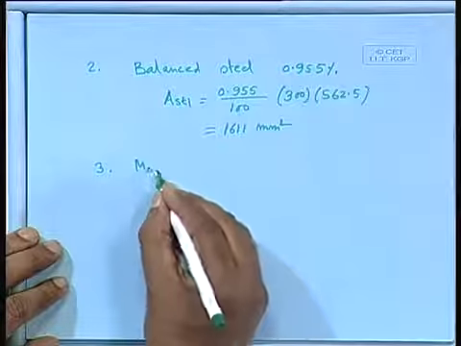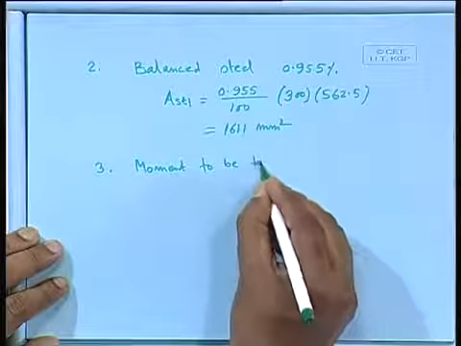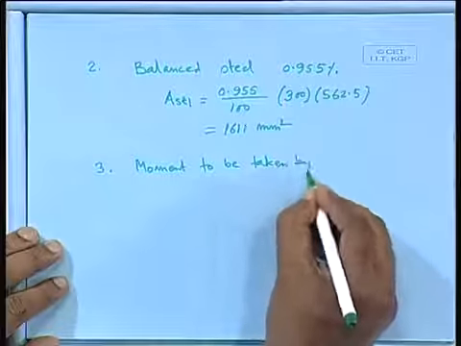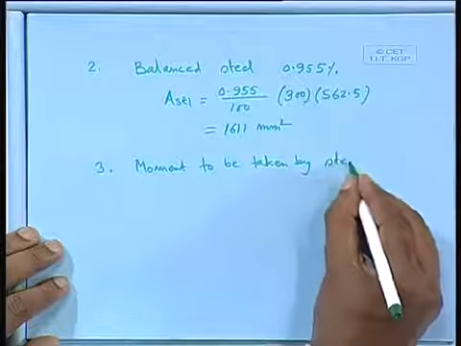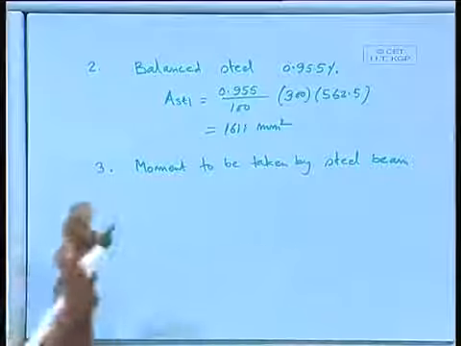Now the moment to be taken by the steel beam: we are adding reinforcement on the compression side and the tension side. Both will be in equilibrium, but since the stress level is different, you will get two different steel areas.